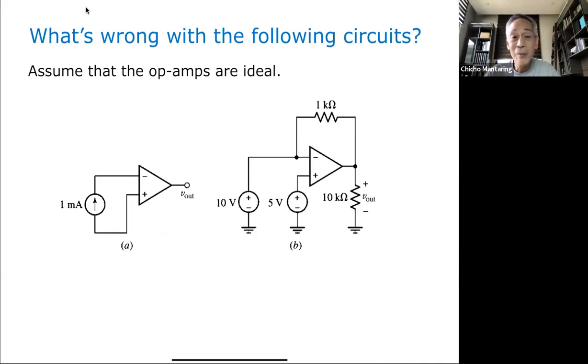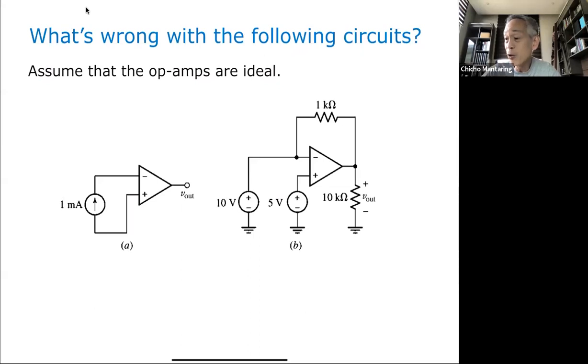But then if your op-amp does not get destroyed dito sa letter B, it will just not be operating in the linear region. Kasi yung condition for a virtual short is if it is operating in the linear region. In other words, it could be operating in positive or negative saturation.